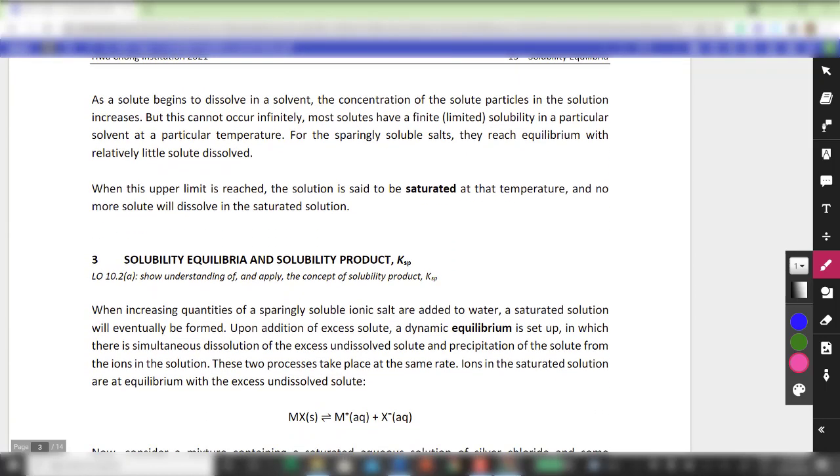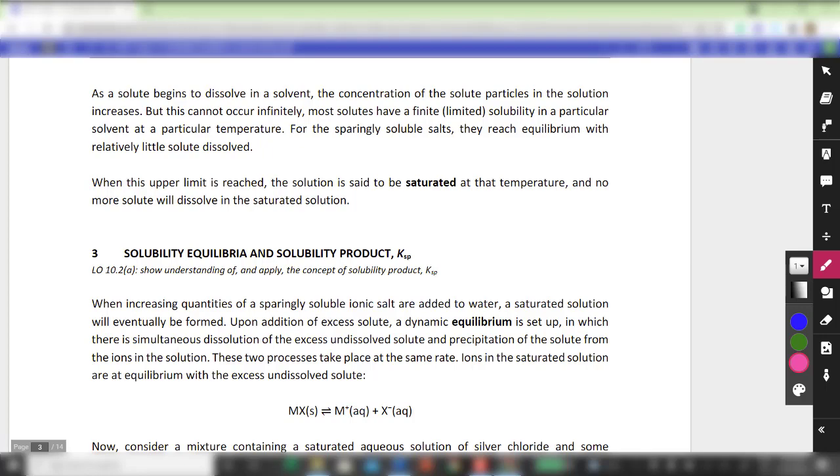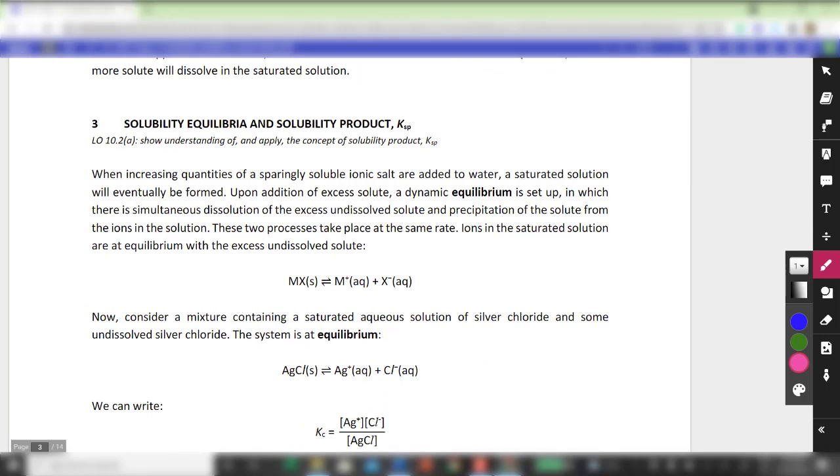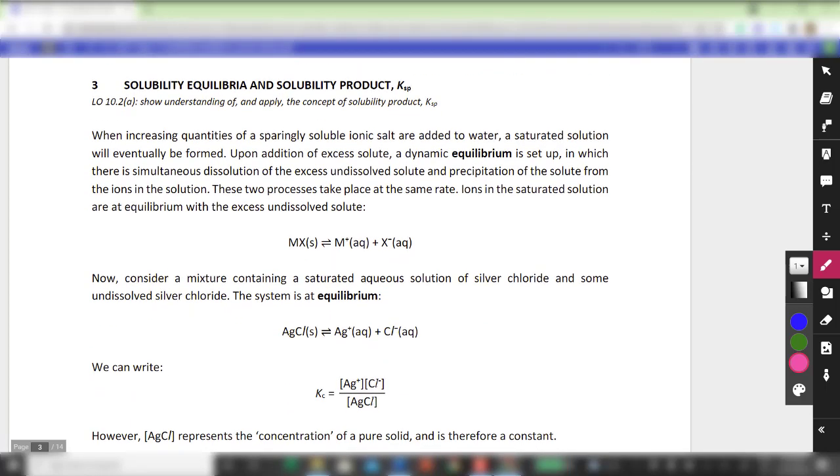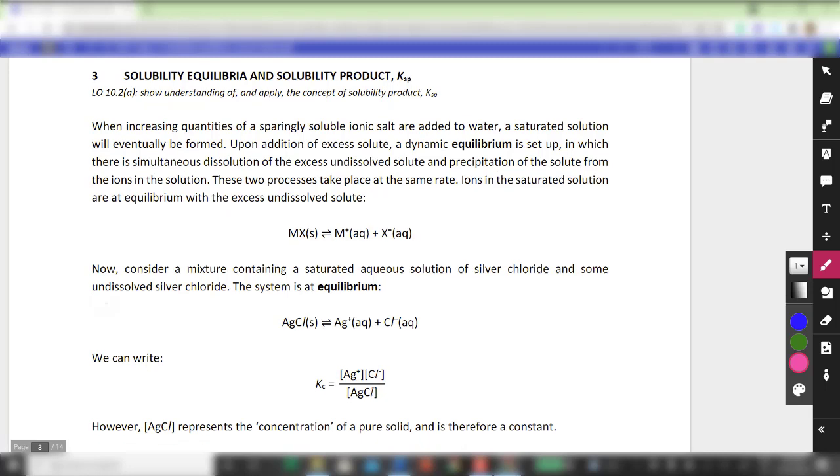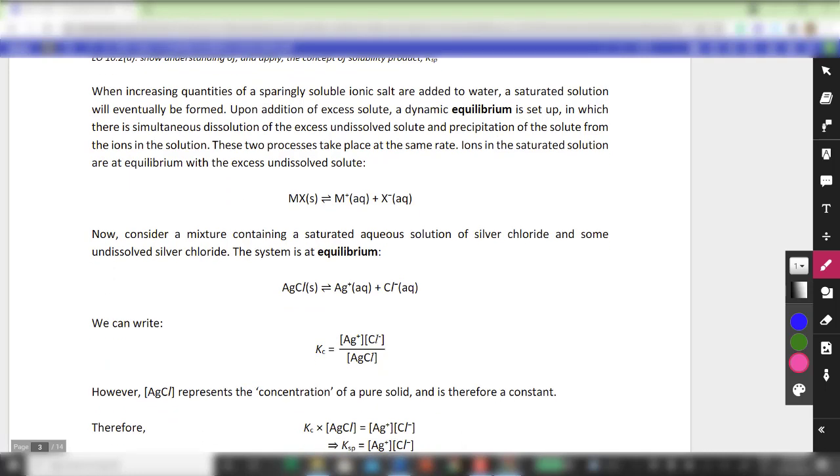So we have covered the saturated solution, so I don't think we'll go there. We'll just jump straight into the third section on solubility equilibrium and solubility products. We are using the same example. If we have an insoluble salt MX, no matter how insoluble it is, it is still able to dissolve to a very small extent.